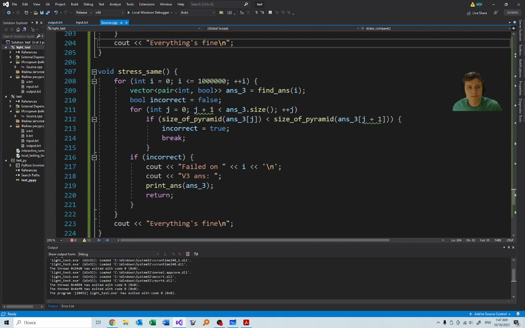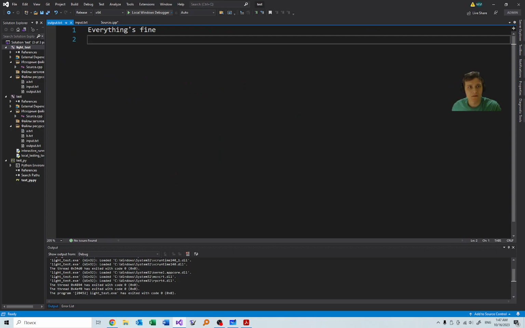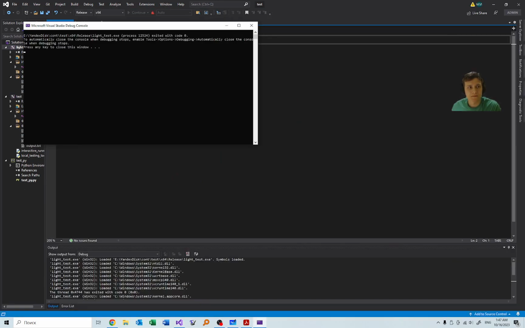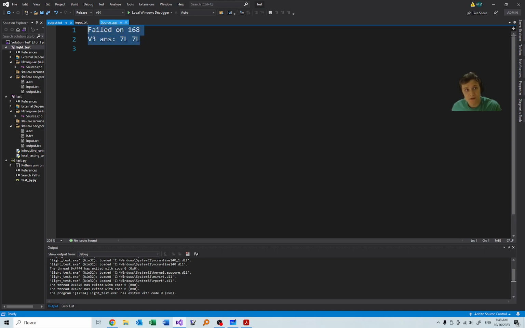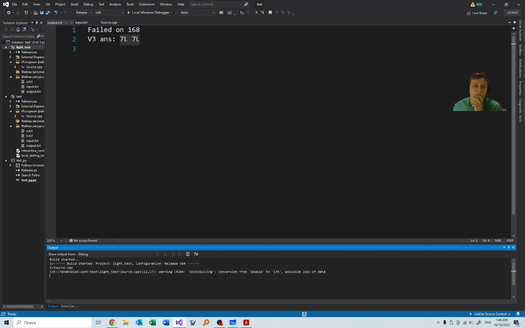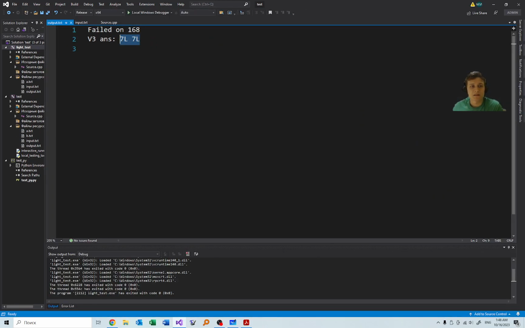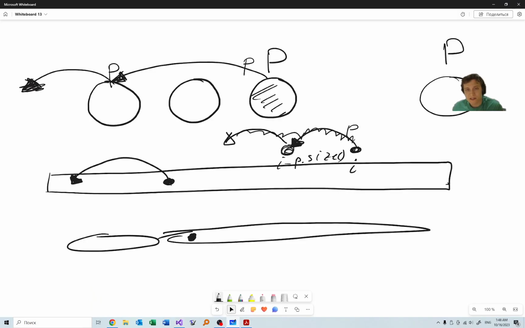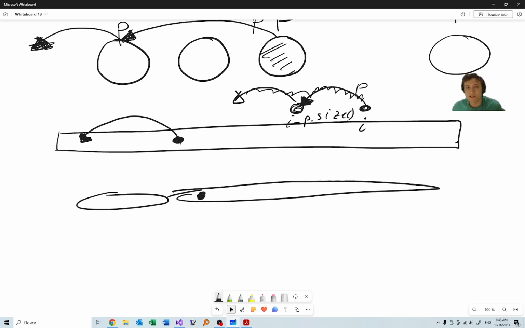Maybe like this. Okay, it failed actually. So now we see that there are two pyramids of the same size, 7L and 7L. The correct way of doing it is check if it is smaller or if ans 3j equals ans 3j plus 1. Yeah, so 7L and 7L. Okay, as I said, this happened because of this issue, which we need to address.